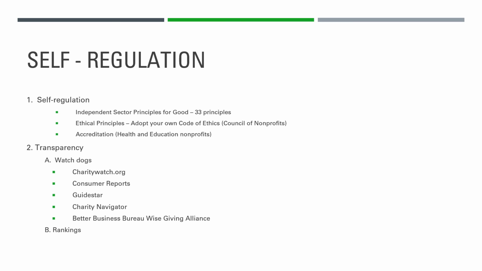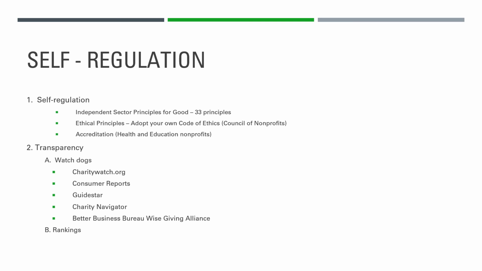Accreditation. Now, if you provide health and educational services, there are a lot of entities that accredit your services to say you're following all the health protocols, you're providing the right services. In some states, it's required for certain services that you do have some type of validation you're providing this service.